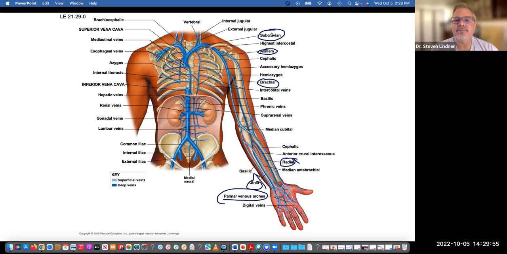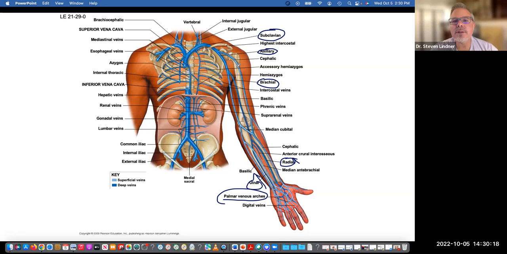Left subclavian, right here, left subclavian goes under the clavicle, becomes the axillary. If we follow that axillary down and we come down this way, there is a brachial. But on both sides of the brachial, we see these two large veins that are very important.